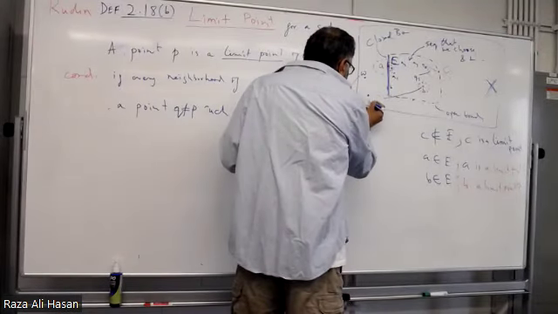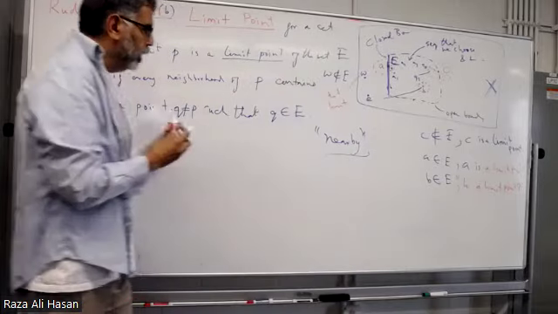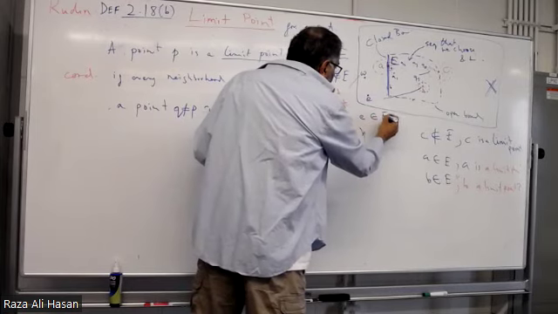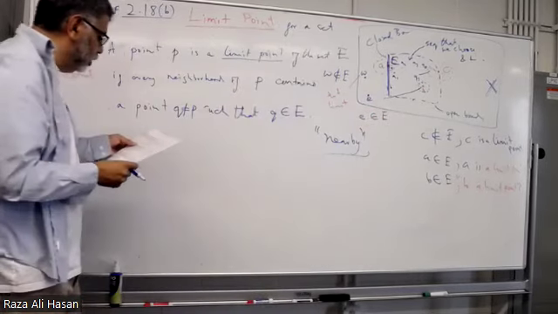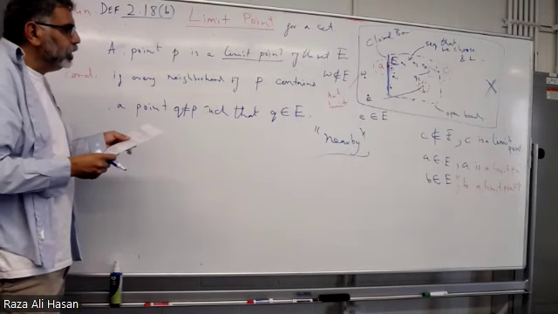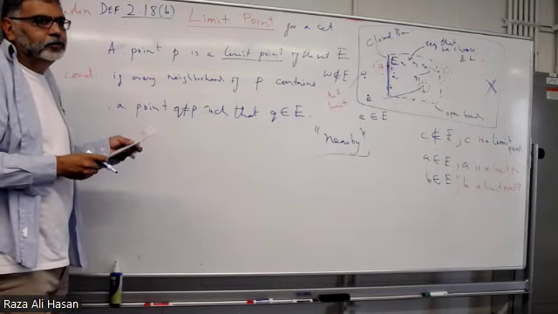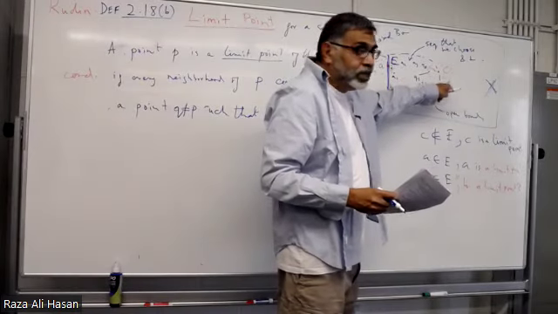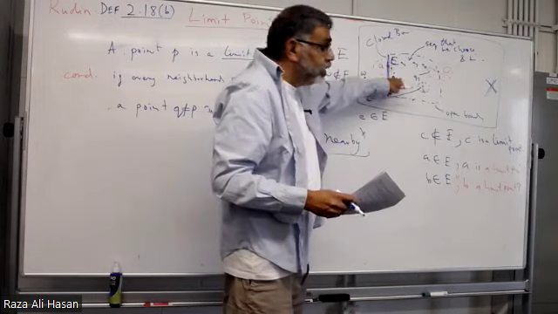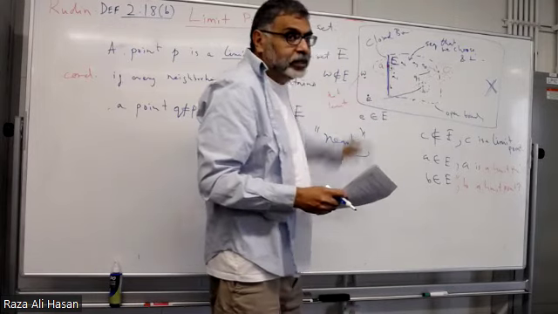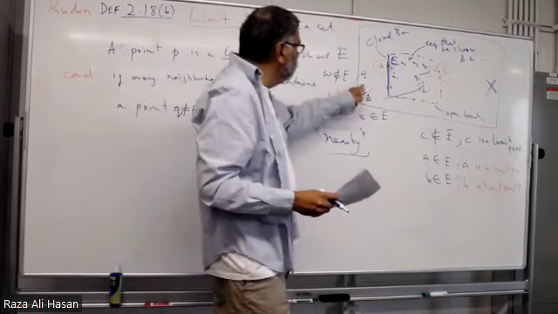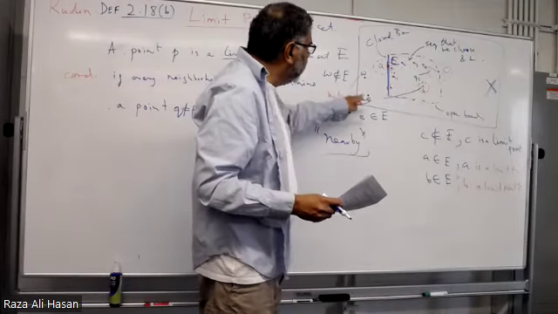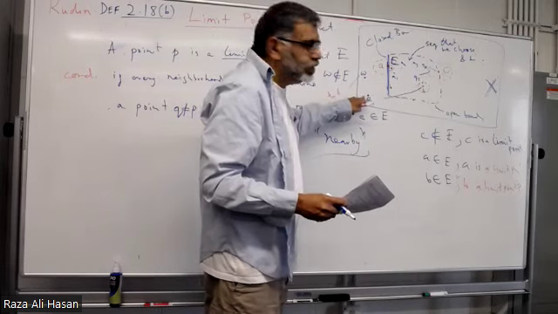Let's call it e, and I'm going to say that small e is an element of set E. Is e a limit point? No. So just like C was not an element of E but was a limit point, and A was an element of E and was a limit point, e, which is an element of E, fails to become a limit point, and so this is an isolated point.